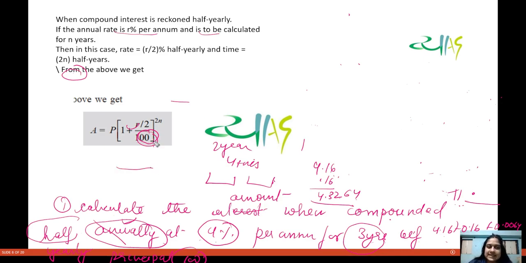So the formula is A equals P into 1 plus r by 2 divided by 100, to the power 2n. Here R equals 4, and N equals 3 years, so we have to calculate for 3 years, compounded half yearly.